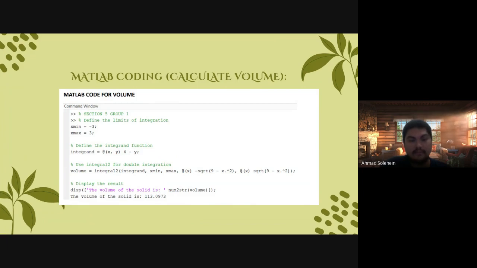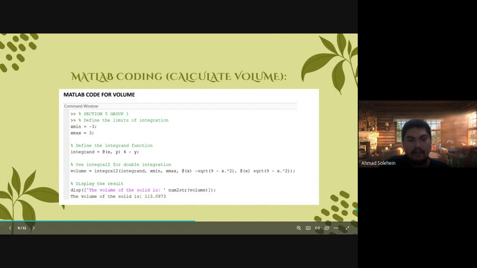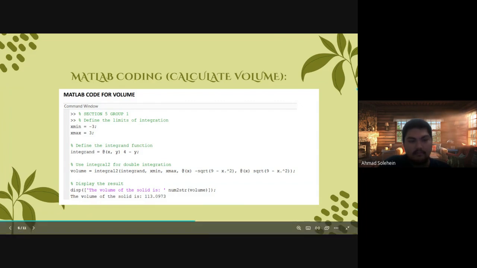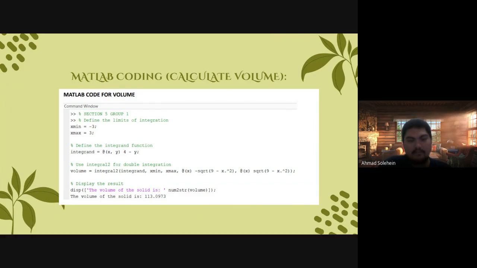Volume equals integral2 of the integrand, from xmin to xmax, and y from negative square root of 9 minus x power of 2 to square root of 9 minus x power of 2. Then we display the result. The volume of the solid is num2str volume, and the volume of the solid is 113.0973.